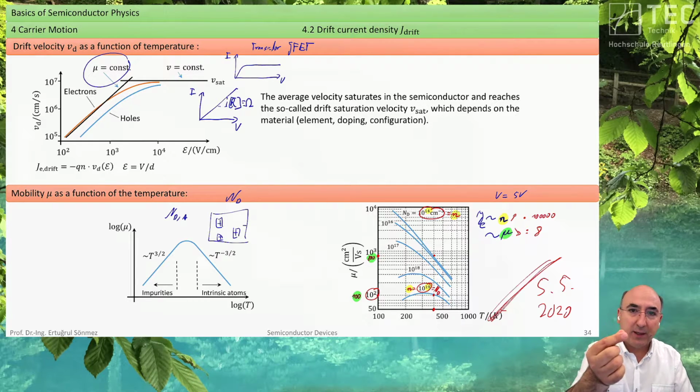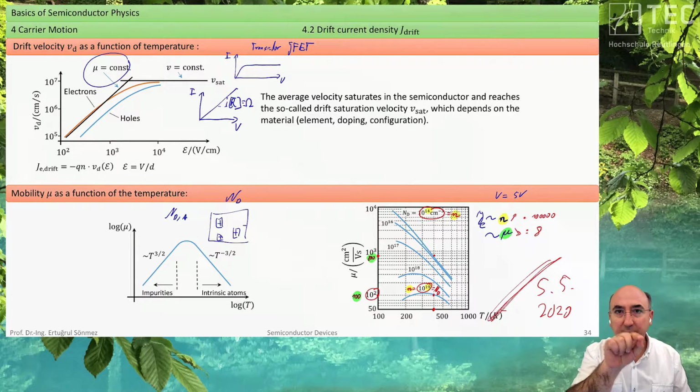In the N-type, you have phosphorus, you have electrons. The majority carriers are electrons. The P-type is doped with boron, and the majority carriers are holes. So we have these carriers, and we can push them by electric field. Then we have the drift current. The drift velocity is a function of the electrical field, and we have learned that you can increase the electrical field, thereby you can increase the drift velocity, but to a certain point, then the velocity saturates.